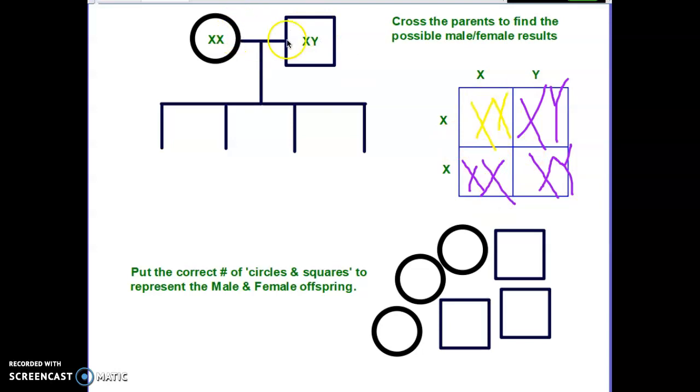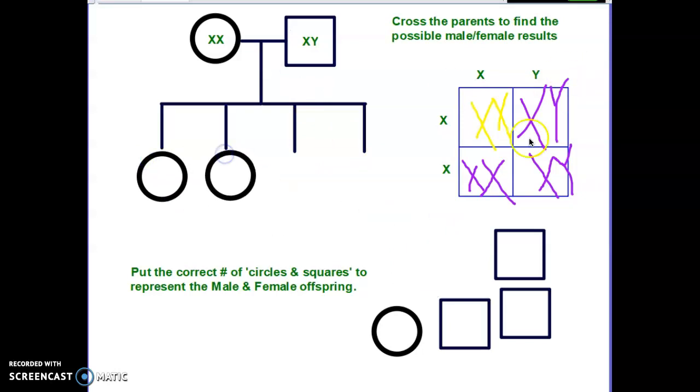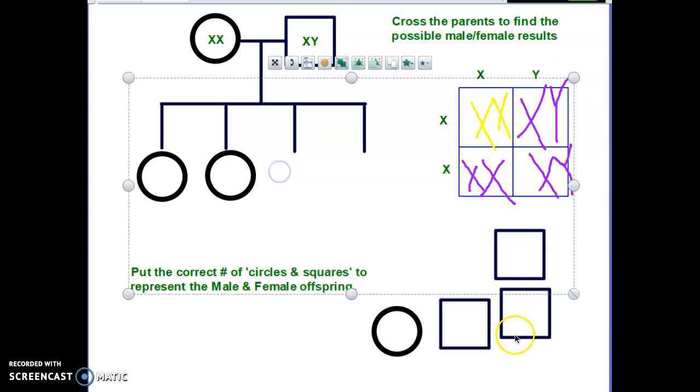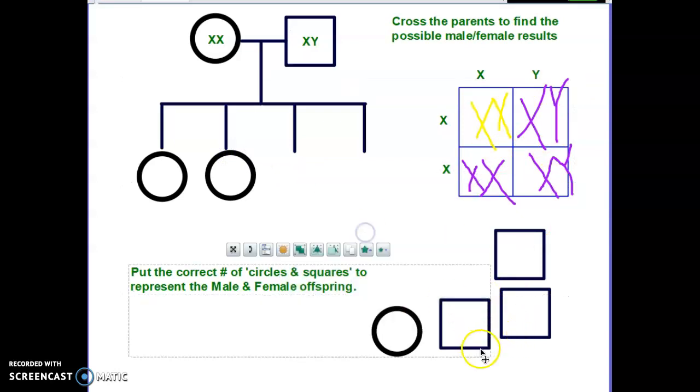What they do is show the parents with a line joining them between. It used to show a marriage, but of course nowadays people do have children without being married. So it just shows they were a couple or they do have children. Then we would put the circles here for the two girls and then the squares here for the two boys.